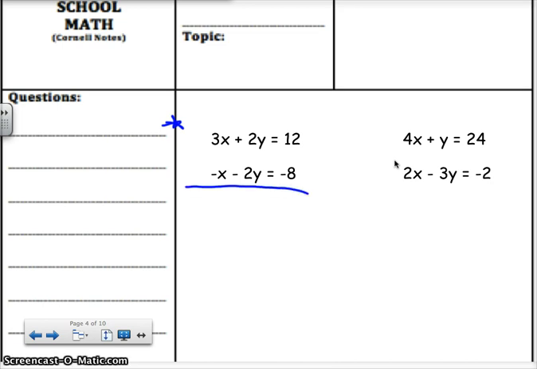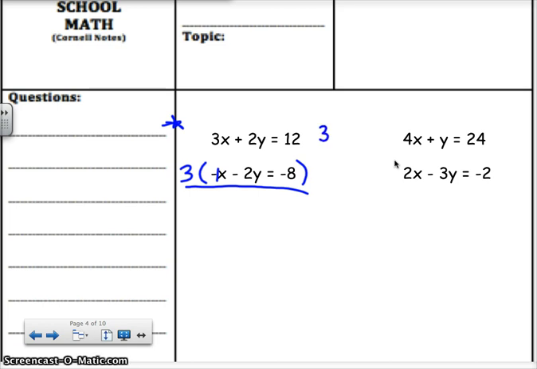But if you like to cancel out that x, what do you want this to be the opposite of 3? What's the opposite of 3? Negative 3. So what do I need to multiply negative 1 by to get to negative 3? 3. But if I multiply 1 by it, I have to multiply the whole equation to ensure that it's still equal.